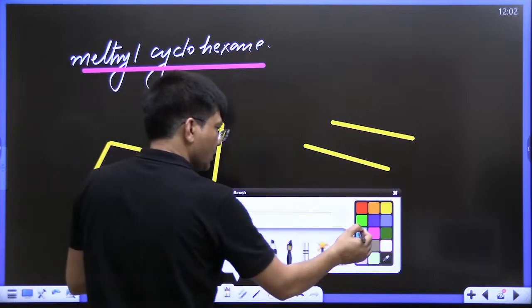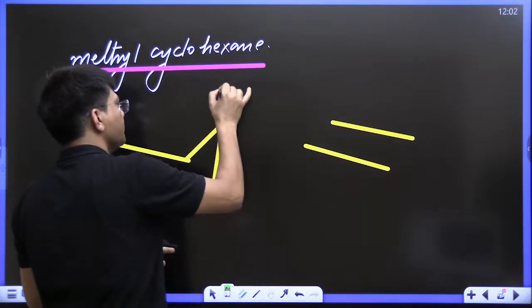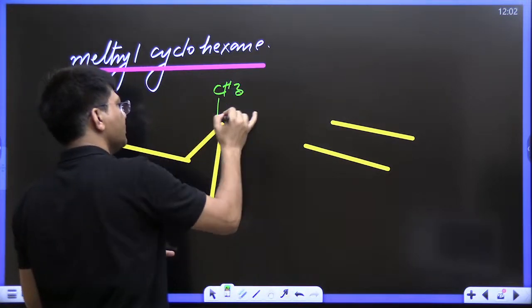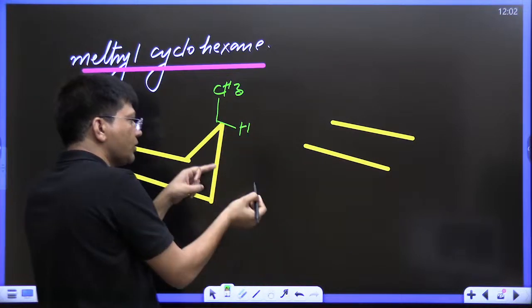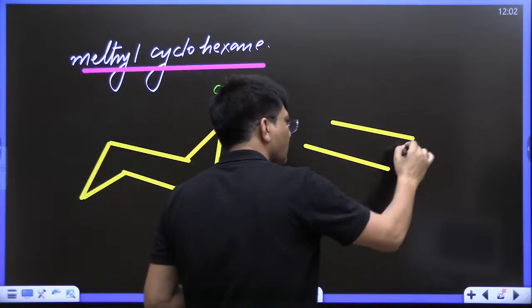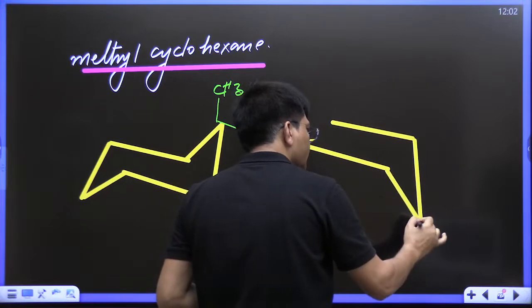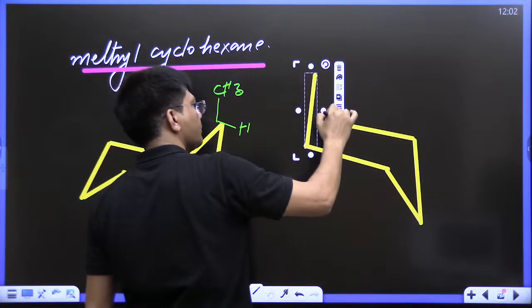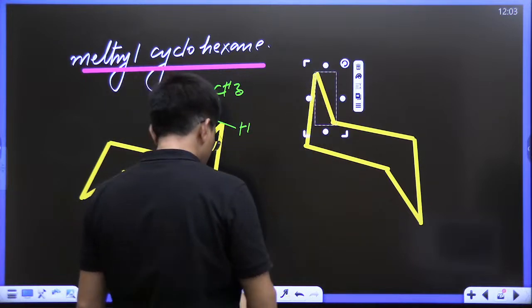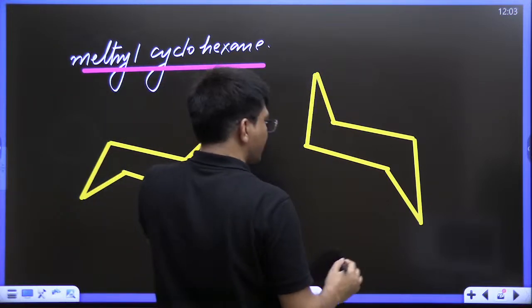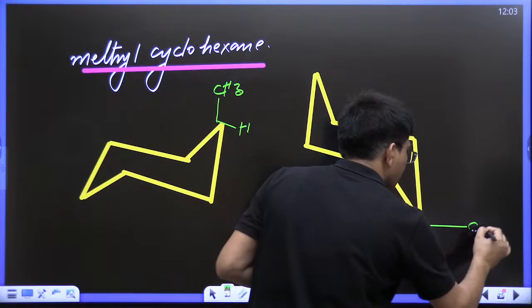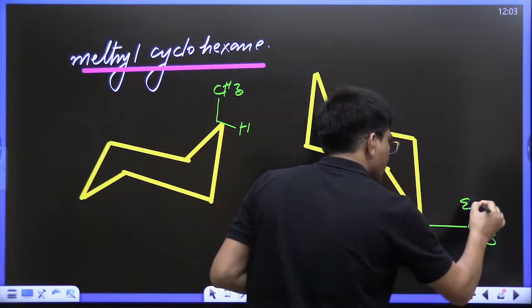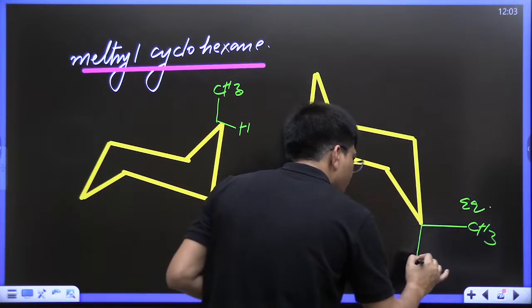If there is methyl on the axial, this will come down, and the thing which is going down will go up. So these are the two conformers. This methyl is axial. Now the methyl will become equatorial, and there will be hydrogen.